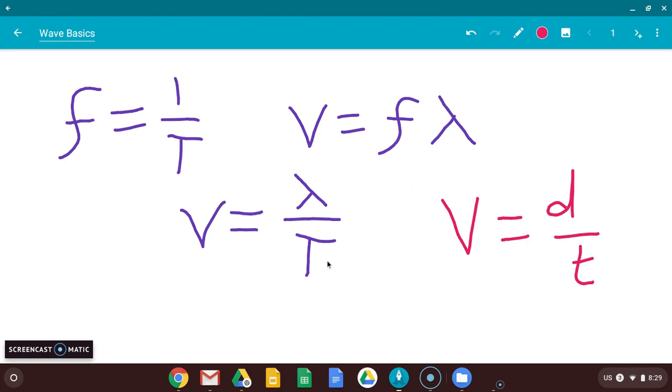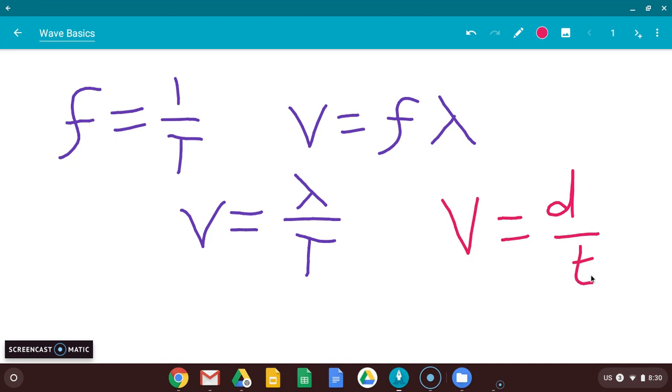A similar thing we got to be careful with are these two times. Time period big T and time little t are two different things. They're not the same thing. Time period, if you recall, is a specific time of a wave, the time it takes for one full cycle or one full vibration, whatever you want to think about it.